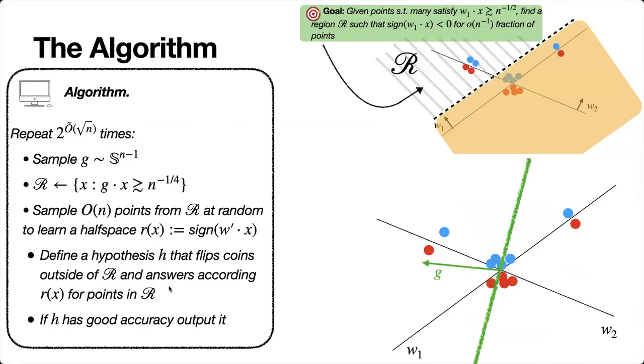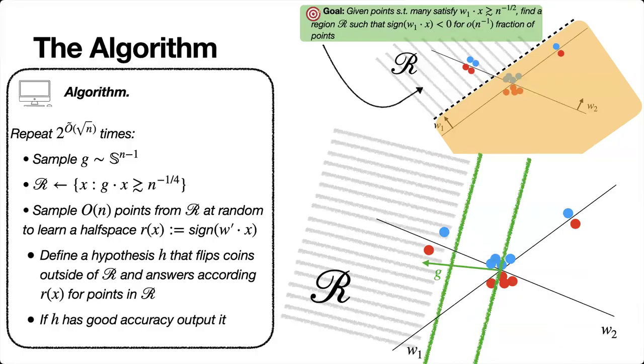But only for a guess that actually has a good inner product with w1 will this do anything meaningful. And notably, when I do look at this guess, I'll have that these points are positively labeled by w1. So then when I sample my endpoints in this next step to learn a half space, this half space will correctly classify most points in this region R.